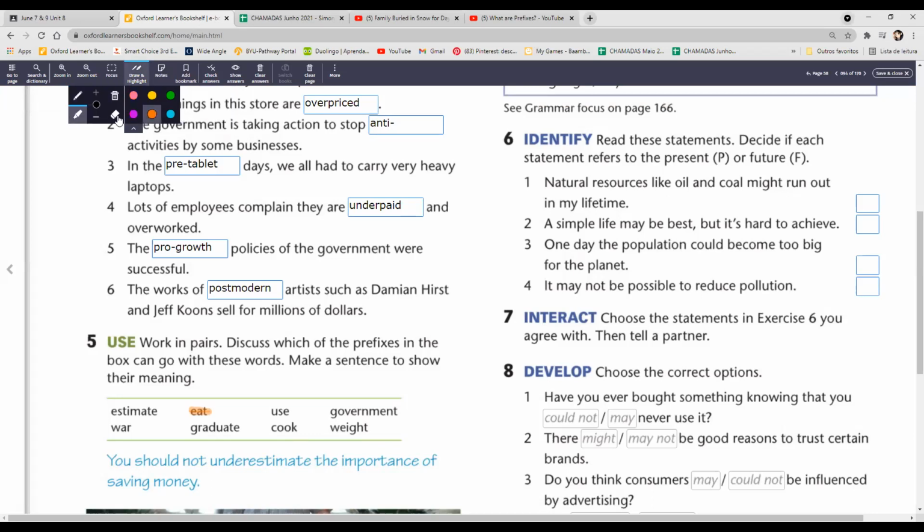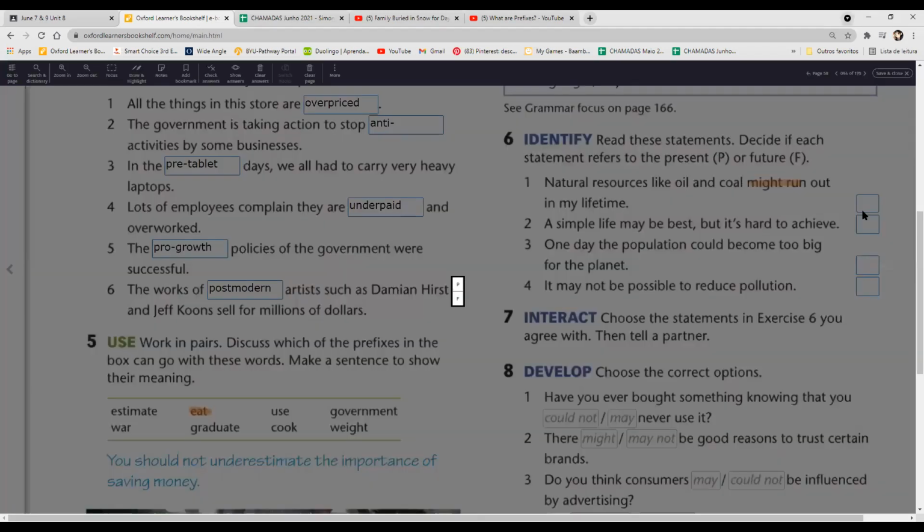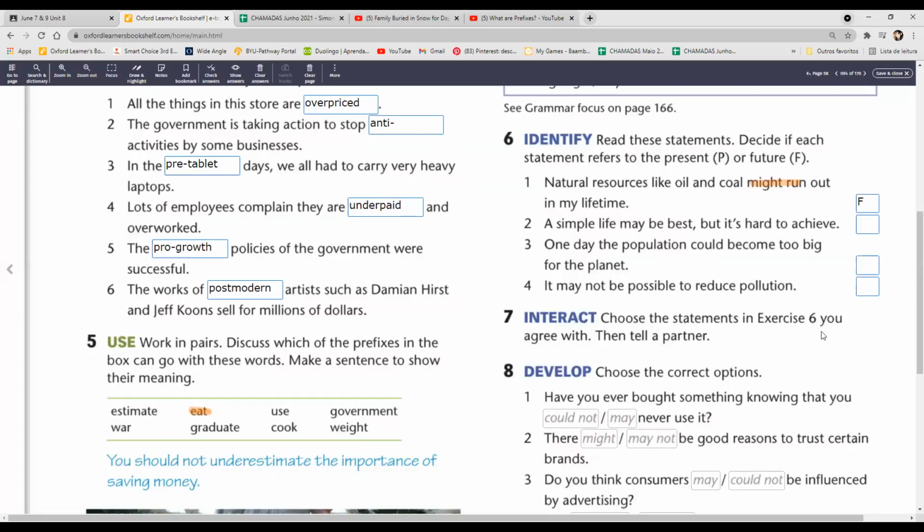What does that refer to? Future. Yes, very nice. So here we are referring to the future. So let's put there letter F. Now try to do numbers 2, 3, and 4. You can have a minute, only one minute will be okay. And then we correct.